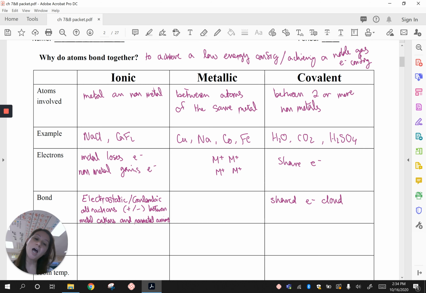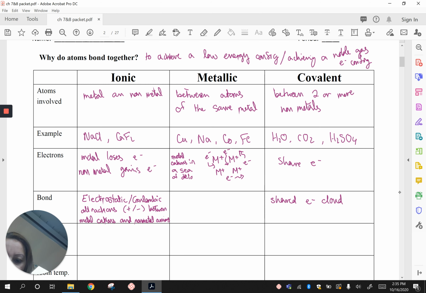Well, if there's no non-metal around, what's going to happen? Well, all these metal atoms lose their electrons, but the electrons have nowhere to go. So the electrons kind of float around, trying to go from one cation to the next, but nobody really wants them. And so we say we have metal cations in a sea of delocalized electrons.